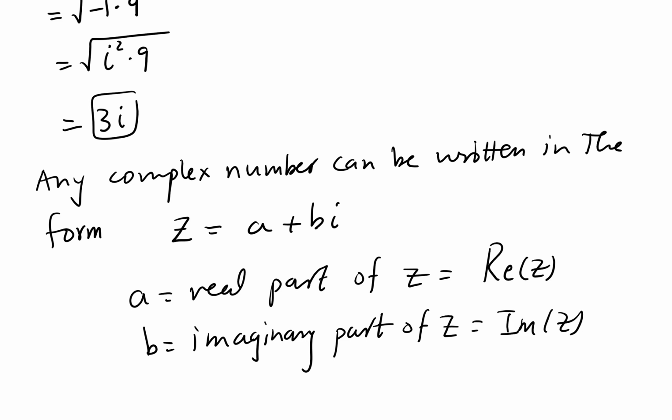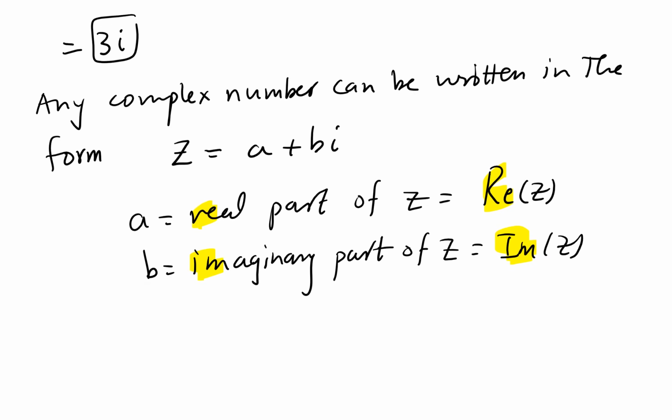Why do we write Re and Im? Because Re came from the first two letters of real, and Im came from the first two letters of imaginary.